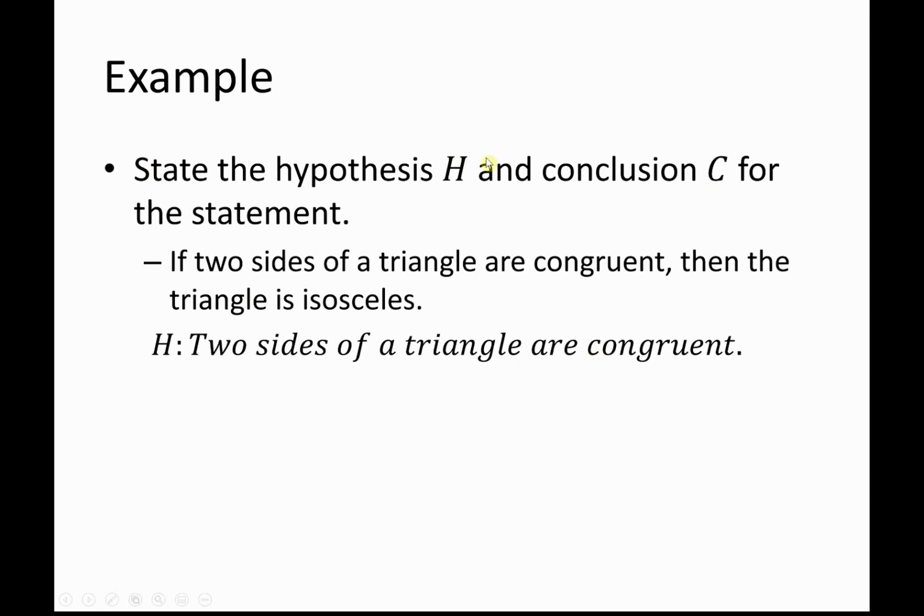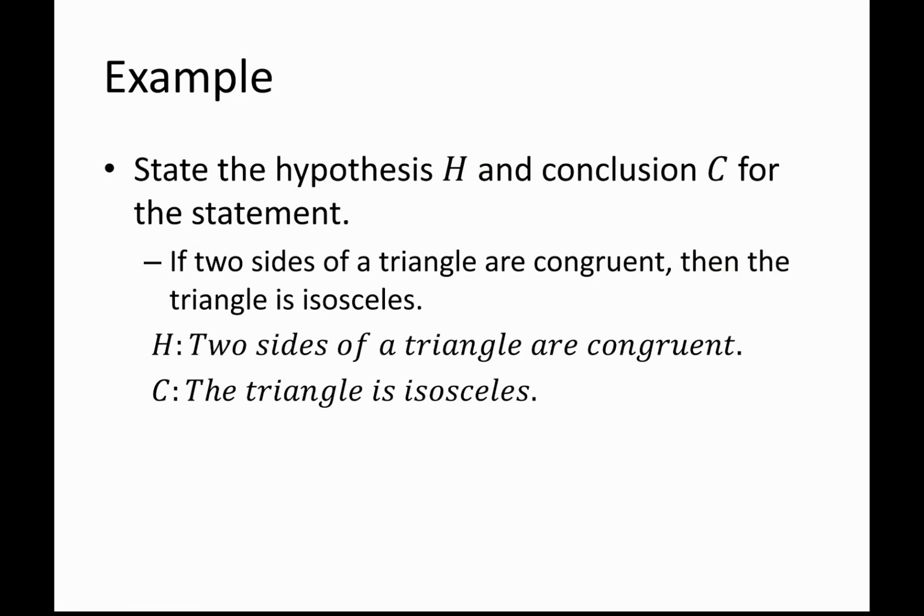The conclusion, I almost said consequent, the consequent of this conditional statement, the thing after the then, is now called the conclusion. So capital C is the triangle is isosceles, which is the conclusion previously referred to as the consequent. Okay, great.